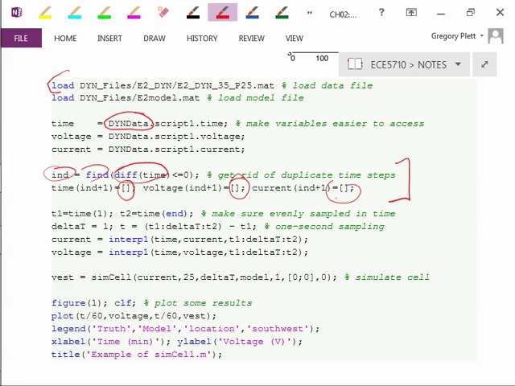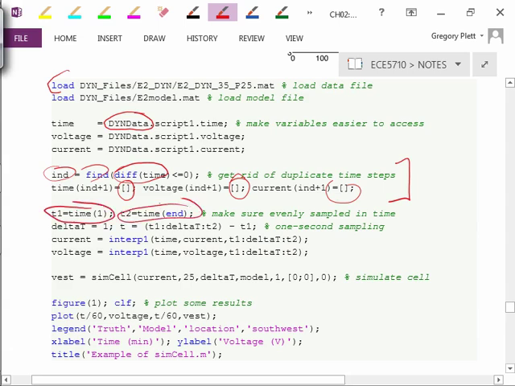And I'm going to interpolate the data in order to get a synthetic data set where it is actually sampled every second exactly in the data set that I create, because that's the assumption of the model. The model assumes a constant sample rate. So T1 is the first time in my data set, T2 is the last time in the data set.